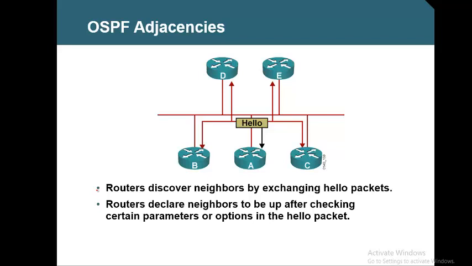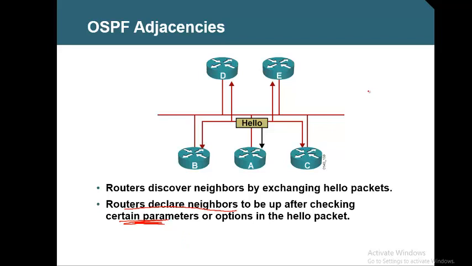LSAs are not going to help discover neighbors. It's the hello packet. LSAs come later. First, these routers need to identify the other routers as neighbors. For that, they share the hello packets. In that hello packet, only when certain parameters match are those routers declared as neighbors.